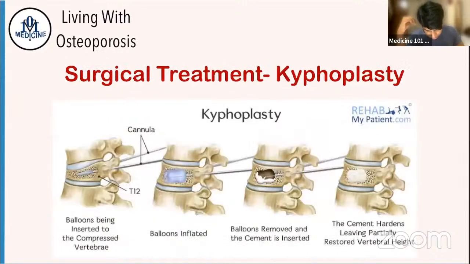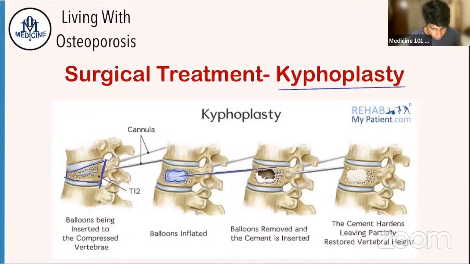Next, if there is significant height loss, if there is a lot of height loss, you can see that it's supposed to be at least this big, but now it has wedged, it has become compressed. So if that is the case, you do a surgery called kyphoplasty. In this case, you insert a needle and send in a balloon.